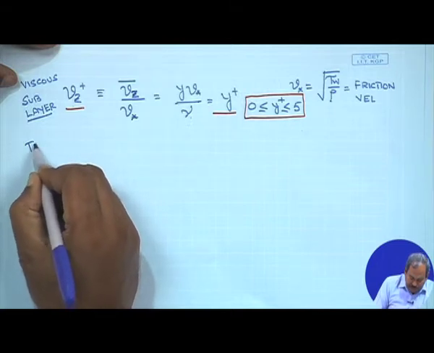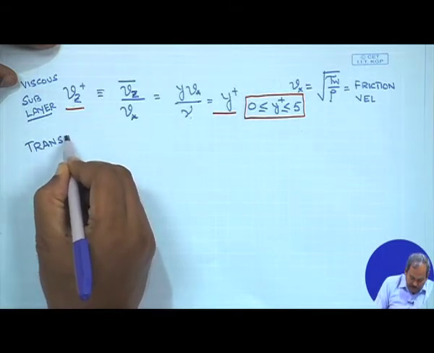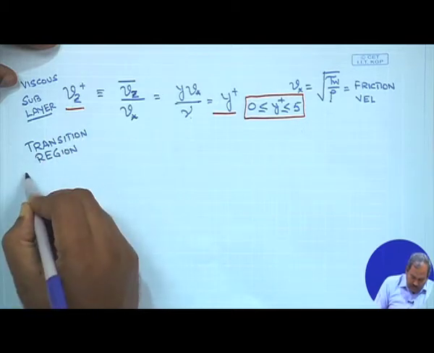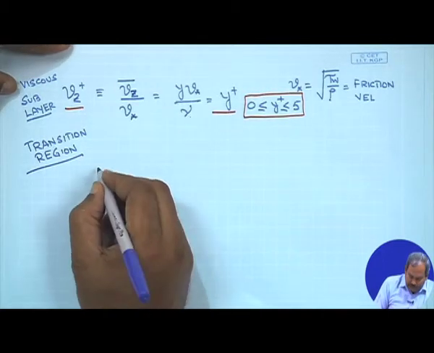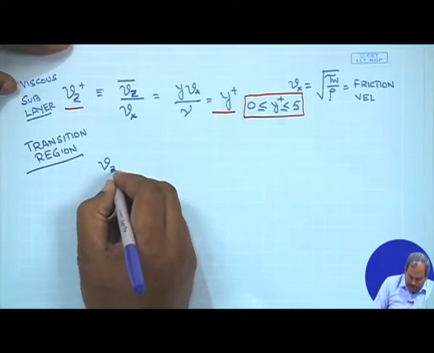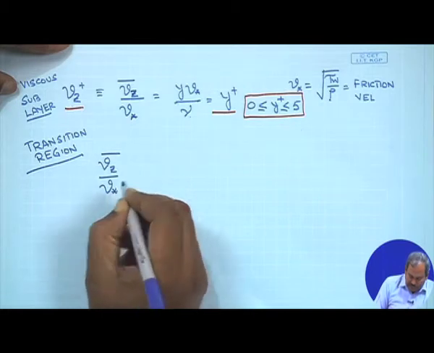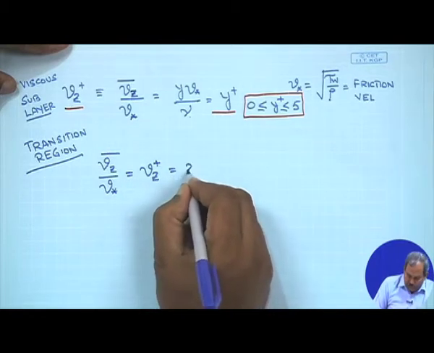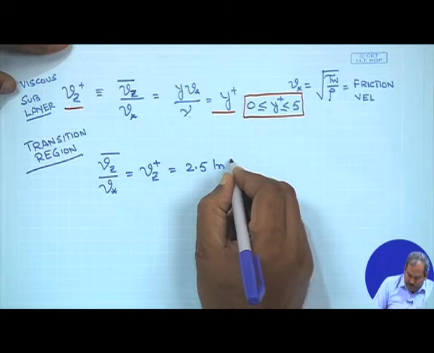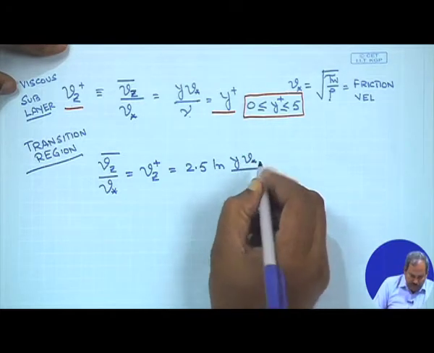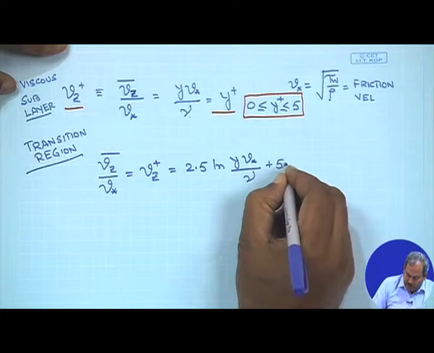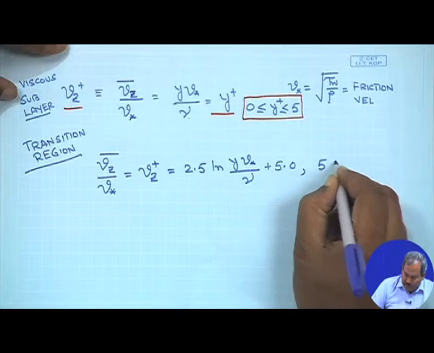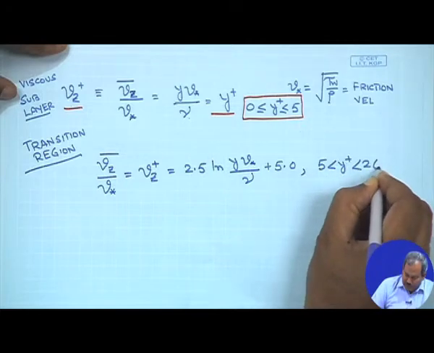In the transition region, the proposed profile is V z by V star, the friction velocity again, which is equal to V z plus, is 2.5 ln y V star by nu plus 5.0, where the region of applicability is 5 to this.